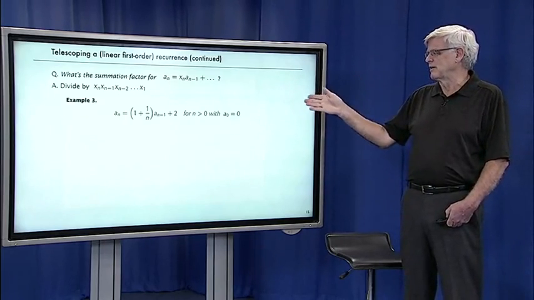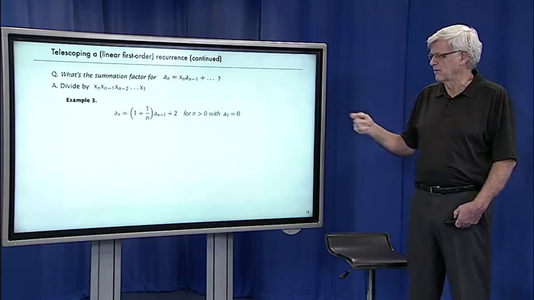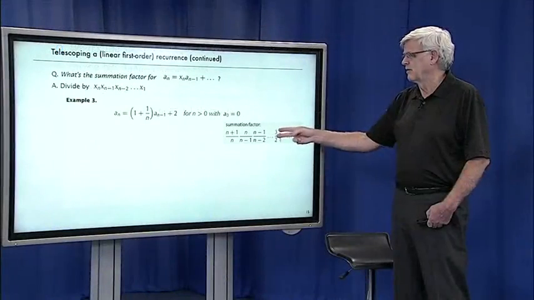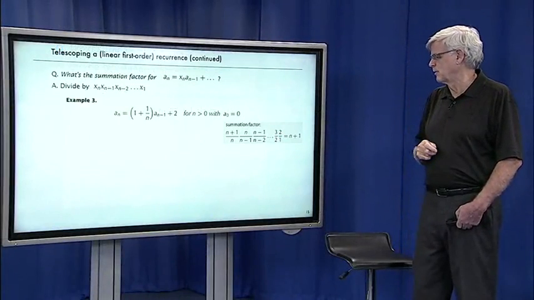So let's take an example of how that works. Here's a more complicated recurrence where we've got a factor that's a function of n that is multiplied by the a_{n-1} on the right. What we're supposed to do is just take the product: this x_n is 1 plus 1 over n, and then we do x_{n-1}, the same thing with n minus 1, the same thing with n minus 2, all the way down to 2 times 1.